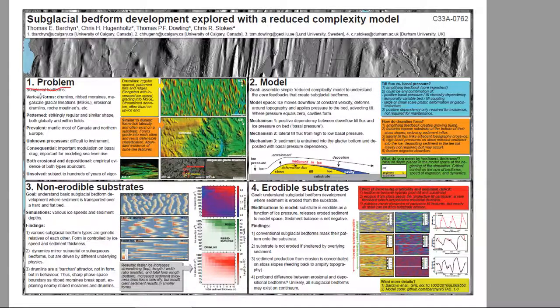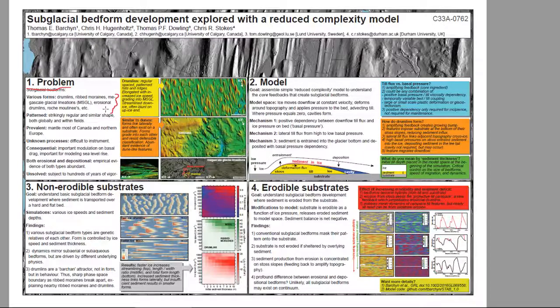So subglacial bed forms, these are forms that occur underneath glaciers in between the ice and the substrate. They're composed of till, but they can also be erosional features, so they can be an imprint on whatever the substrate is. And so there's a whole variety of different forms.